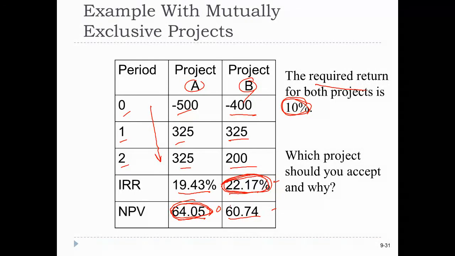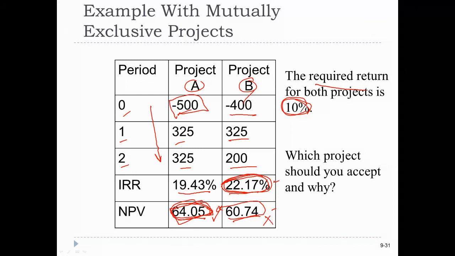In these examples, Project A and B, while it's true that Project B generates a higher rate of return on each dollar that's invested, because in Project A, we have more dollars being invested, it results in more value being created, $64 rather than $60 and change. If I had to choose between Project A and Project B, I would choose Project A because of its higher net present value.